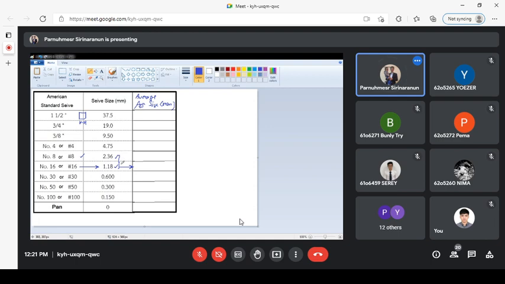Then how to compute the average? Can you tell me? The average is a linear interpolation technique because you have only two samples. So the average should be what? 1.18 plus what number?